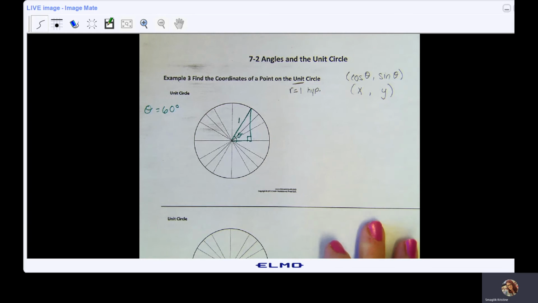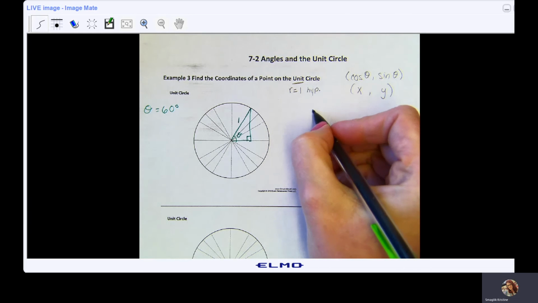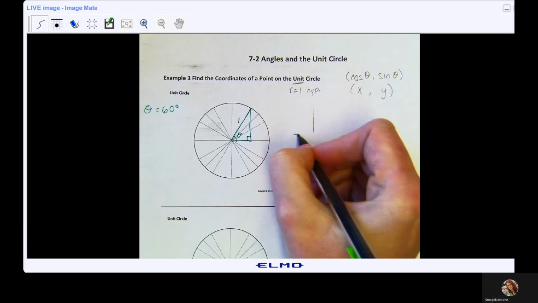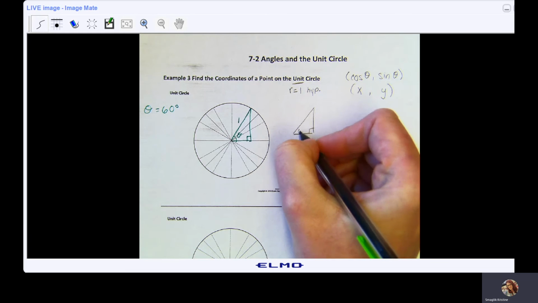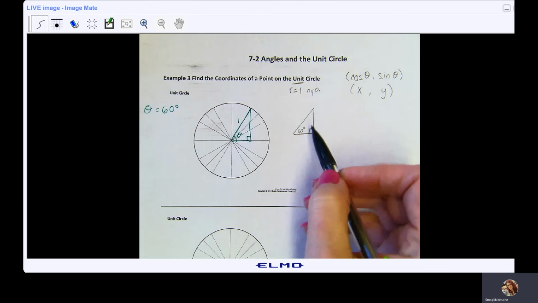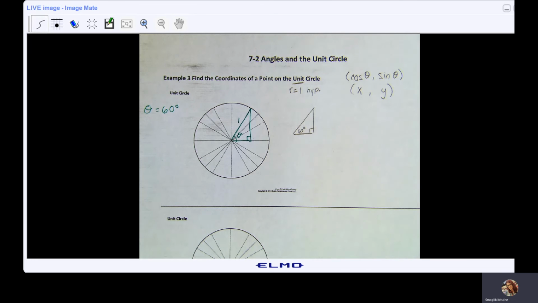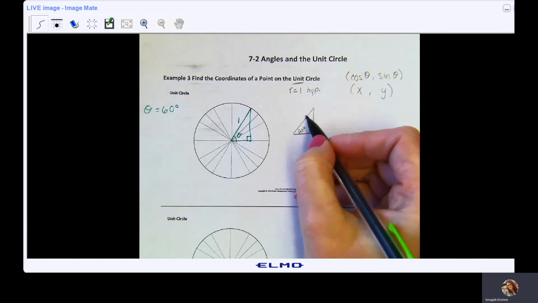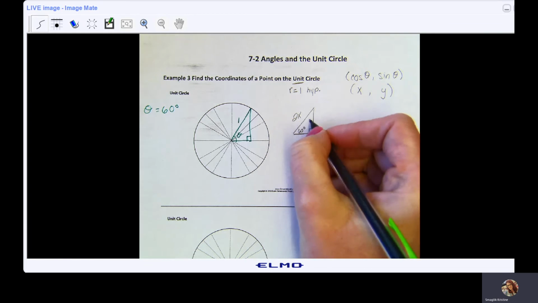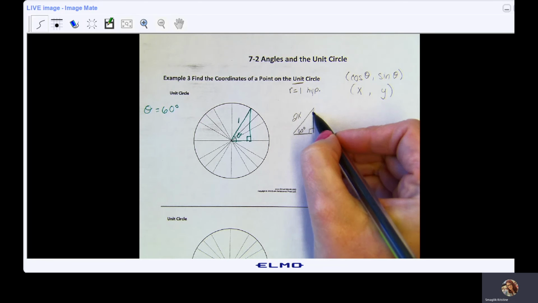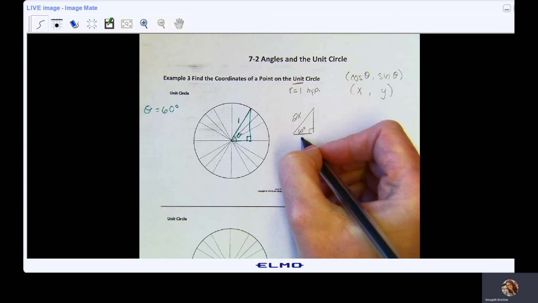So I'm going to go off to the side here, and let's just kind of sketch that in. So remember, this is 60 degrees. We have a 30, 60, 90 right triangle, and the hypotenuse is 2x, where x is the short leg. Here's 30 degrees, opposite 30 degrees is your short leg.